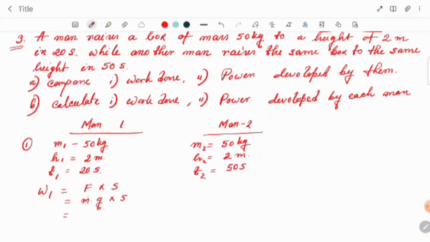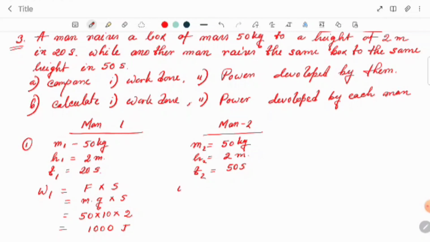So mass is 50 kg into 10 into s is 2 meter. So 50 into 10, 500 into 2, that is 1000. So work done we are getting 1000 joule for man 1.